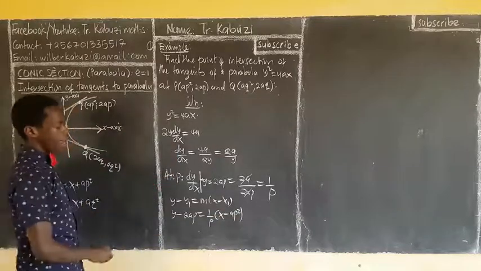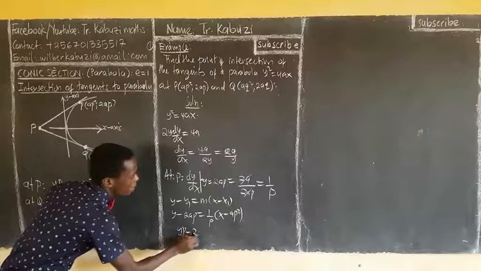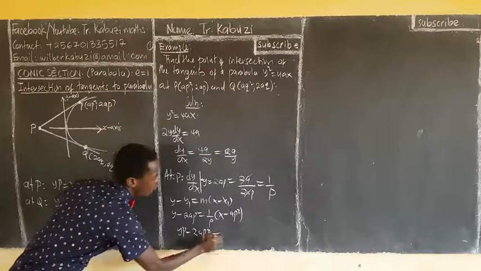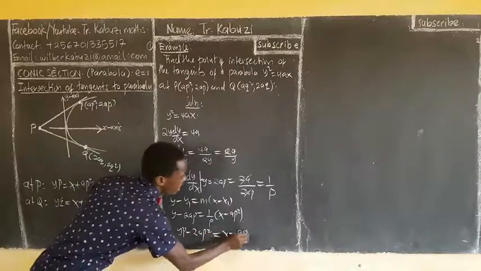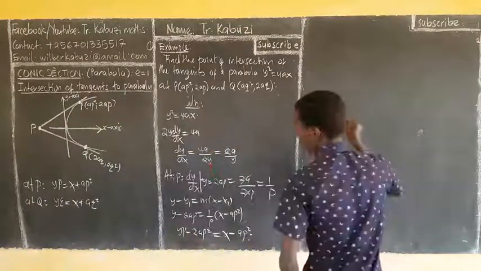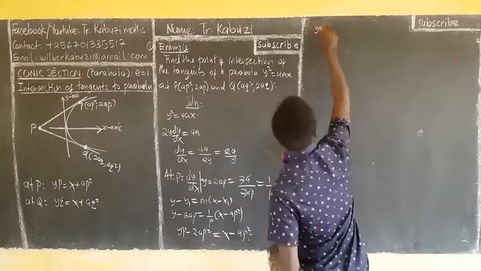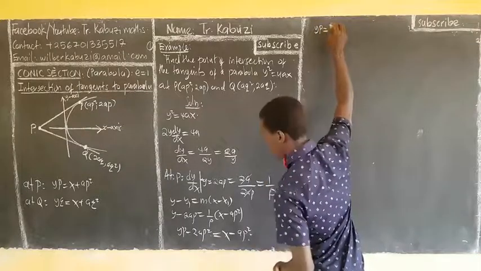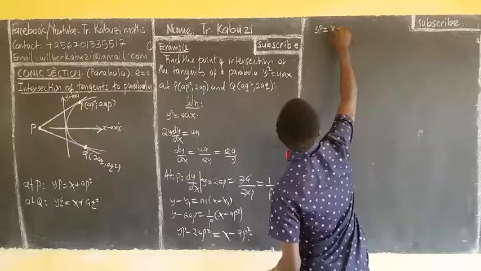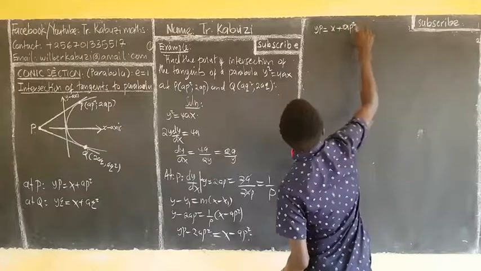If you cross multiply, we have yp minus 2ap squared equaling x minus ap squared. Now when I take this side, I have yp equaling x plus ap squared.